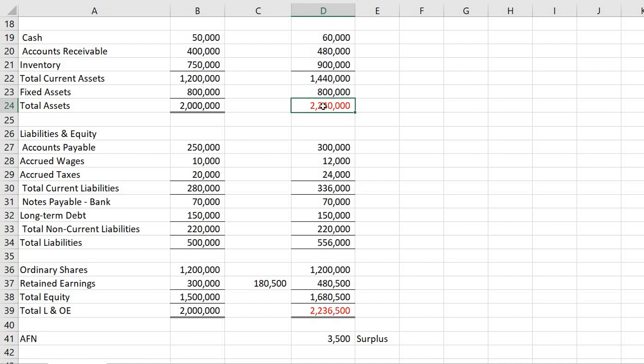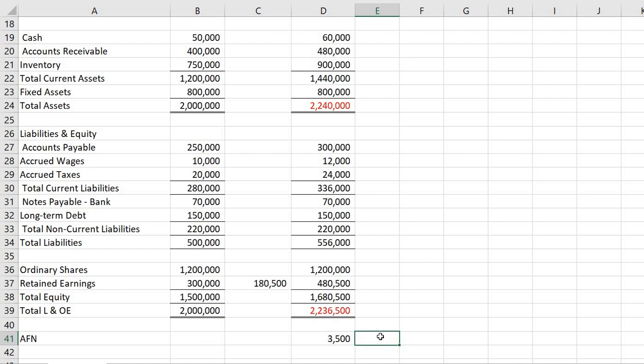Meron ka ng pang-finance doon sa iyong plano na projected increase in your sales. In this case, you have 20% increase in your sales. Again, merong surplus kapag mas malaki ang total liabilities and owner's equity as compared to your total assets. Okay? So, yun, no? This is one way of computing your additional financing need.